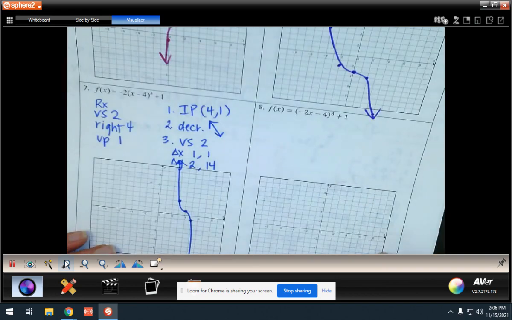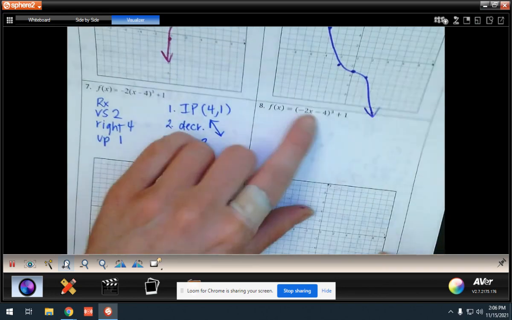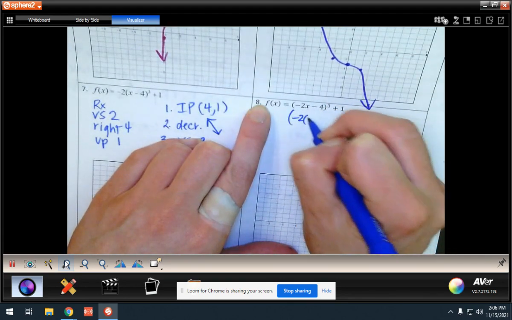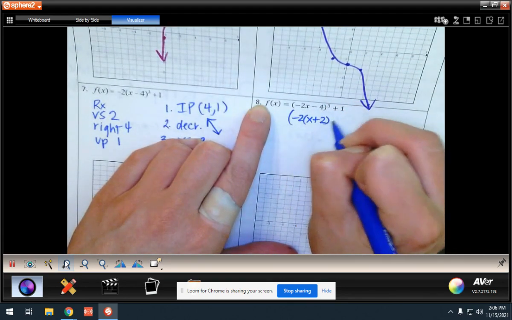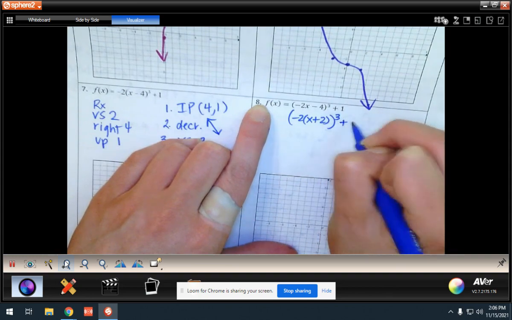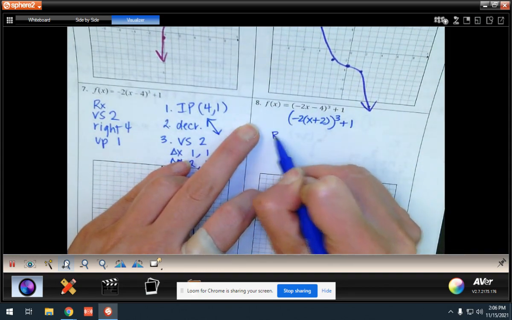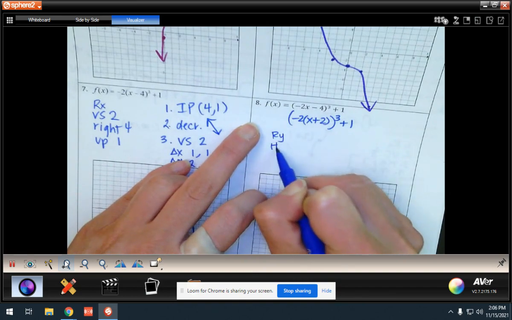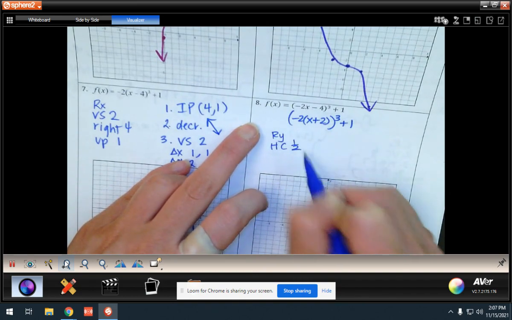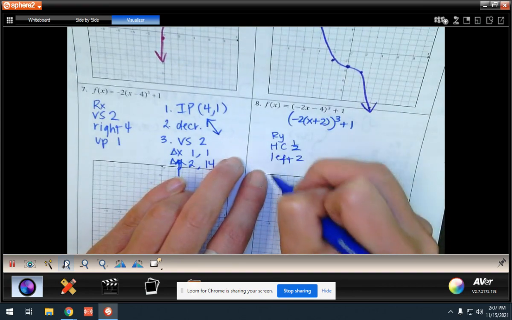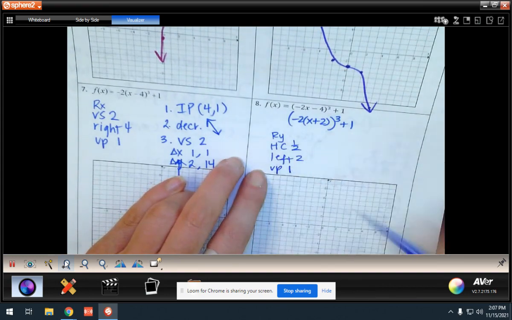All right, here's one with bad form. Okay, this is not right 4. Let's factor out the -2, and it leaves an x plus 2 inside the cube. And so when I'm listing my transformations, I have an ry, a horizontal compression by 1/2, a left 2, up 1.